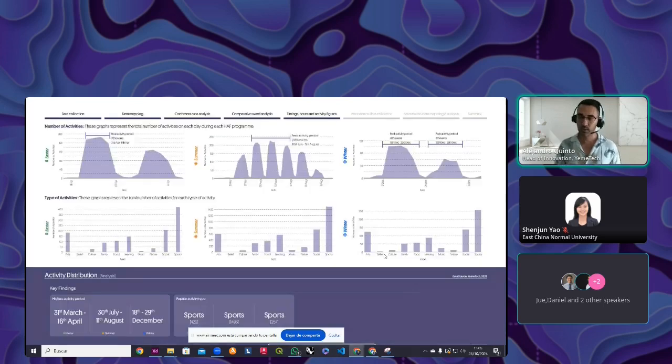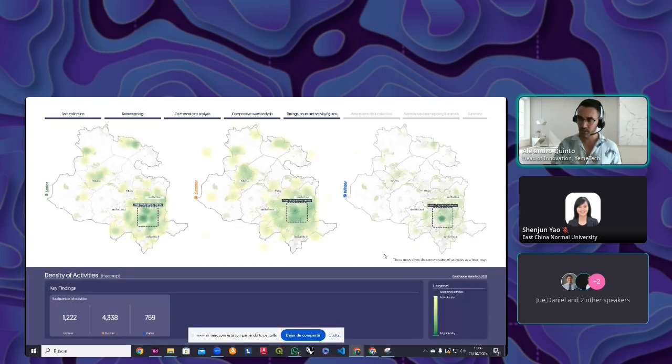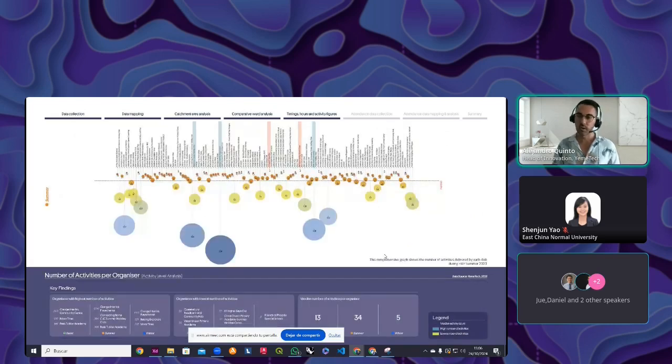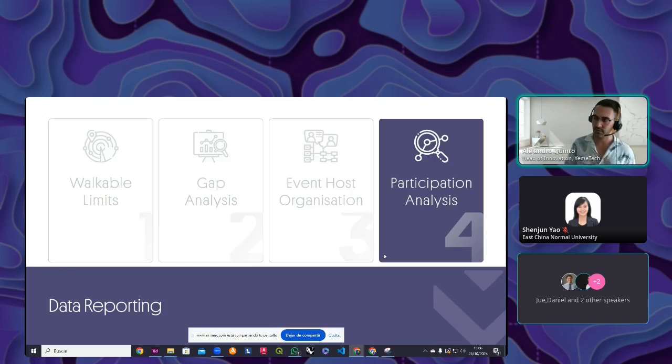We also analyzed the attendance to these activities, because we were tracking it as well. So we were looking at the density of them and who. The list that you see there are all the organizations offering activities. Which of those were actually delivering the most, because these activities were funded by the Department of Education, so they needed to cover a minimum of activities in order to get that funding.